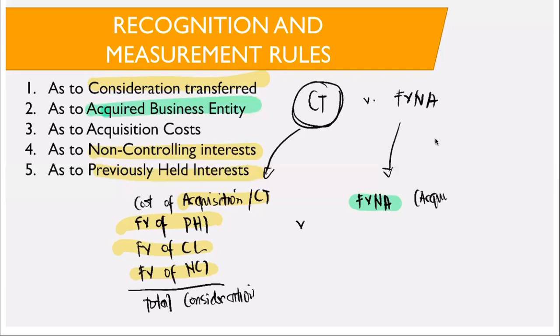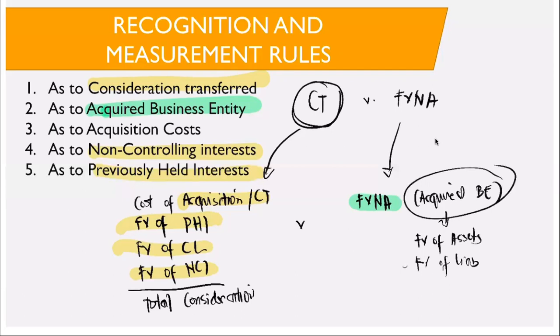So we just get the fair value of assets less fair value of liabilities of the acquired business entity. And then later, we will just compare. If the consideration transferred is greater than FVNA, we have a goodwill. If it's lesser, we have a gain on bargain purchase. Therefore, we must place our focus on how do we measure your consideration transferred, your previously held interest, your contingent liability, and your non-controlling interest.